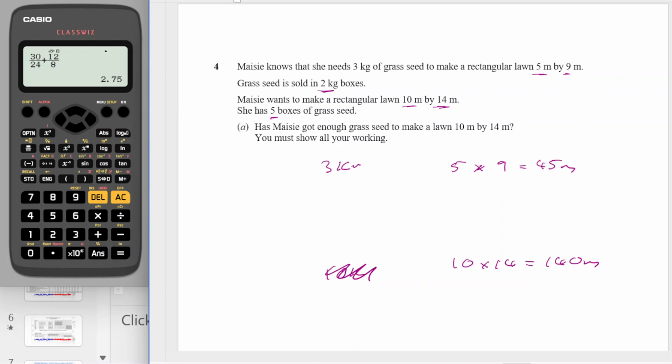So in effect, if 3 kilograms covers 45 meters squared, then 1 kilogram would cover 15 meters squared.